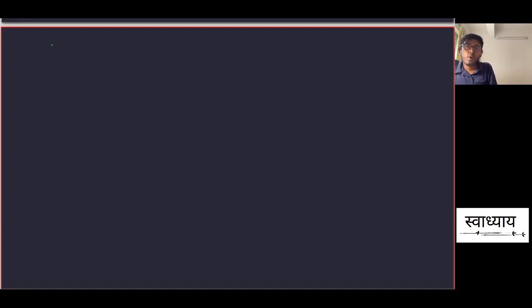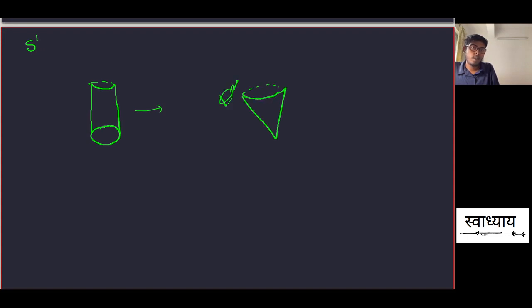Now what about the cone of the circle S1? We saw that this is the thing, and this. Then what is this? This is precisely my cone of S1.